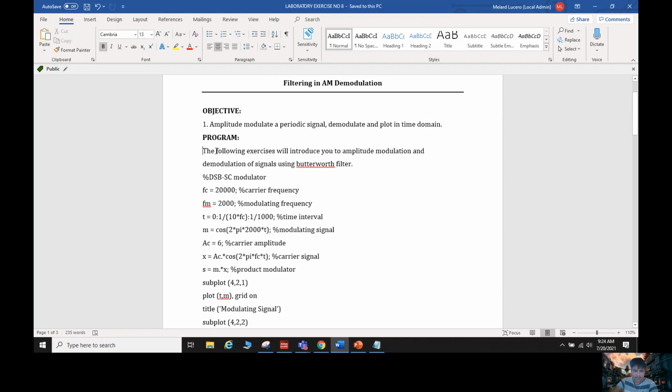We have here the following exercise that will introduce you to amplitude modulation and the demodulation of signals using the Butterworth filter. We have here the DSB-SC modulator.